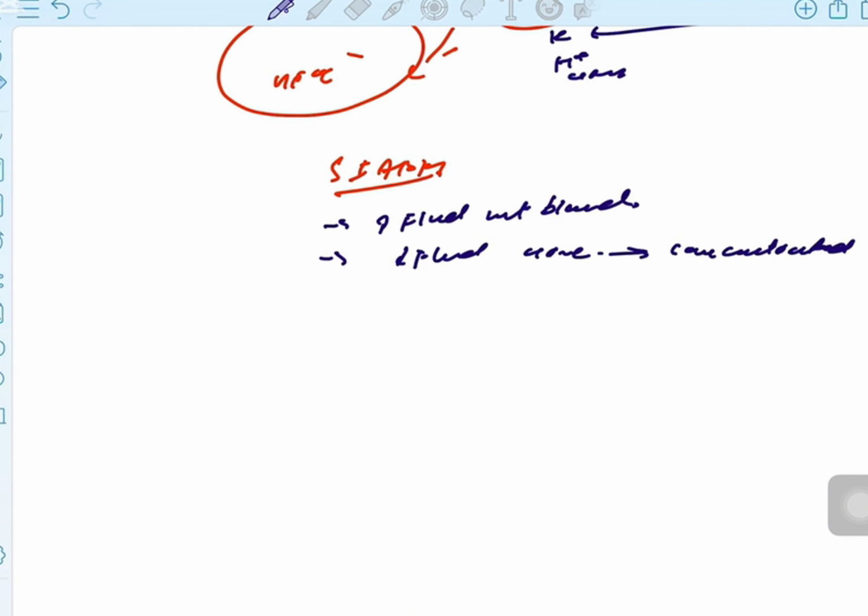Here is also one of the most important points. What about the osmolality? We will discuss osmolality a little bit later, but here we will discuss the sodium level. In a patient of SIADH, what will happen to the sodium level? In most patients, the sodium level will be normal. But if a patient presents with an abnormal sodium level, what will we see?